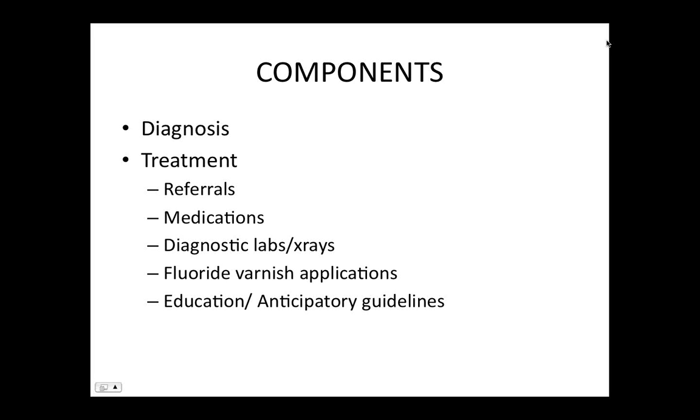I'm always thinking of asthma in these cases. So you're refilling their medication. You may be ordering some diagnostic labs and x-rays, which are not the screening labs, but are involved with any acute illness. Some of us are starting to do fluoride varnish applications. We would like to see more providers do that.